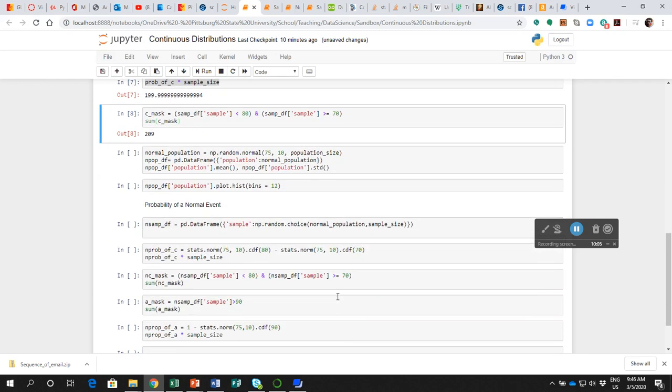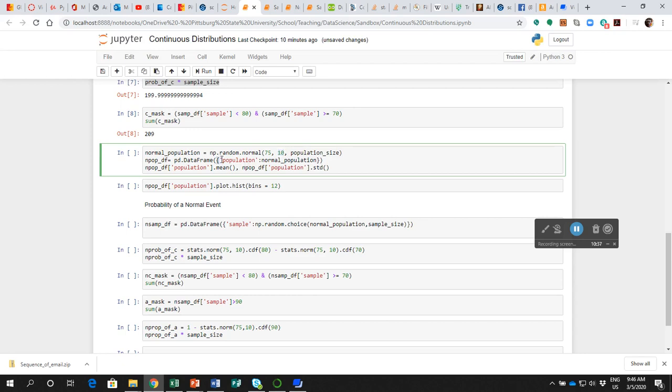Now I want to try this same stuff with normally distributed data. So instead of a uniform population, I'll have a normal population. I'll do np.random again, but this time instead of .uniform, I'll do .normal and put in my mean of 75 and a standard deviation of 10 with the same population size.